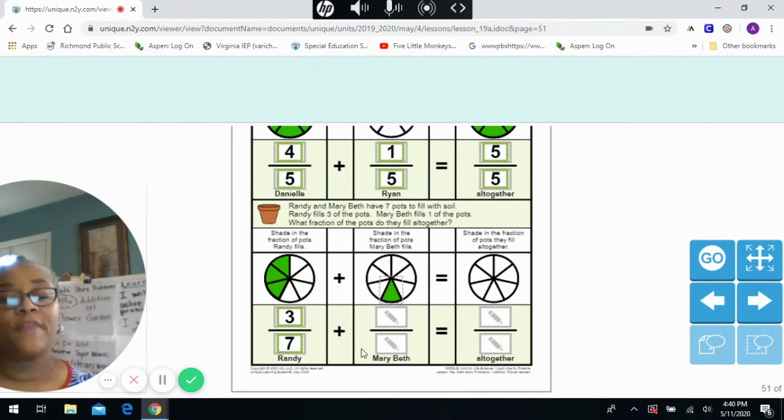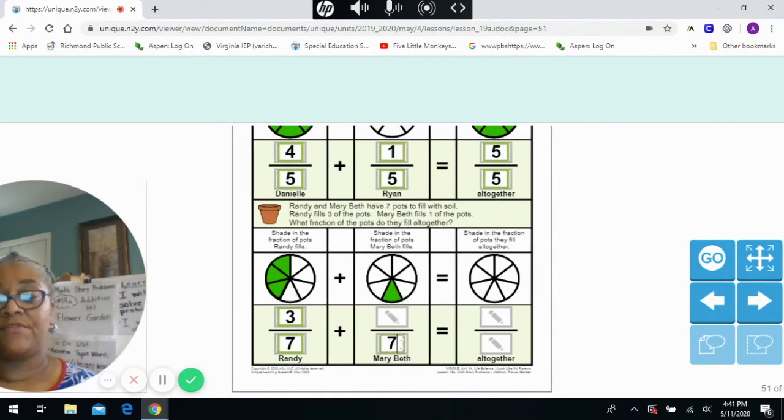All right, so where would the number 7 go? Would it go in the denominator or the numerator? What did we say the denominator is? It represents the whole, all of them. And did we count all of this wheel? Yes, we did. So what's the number that goes here, the 7 or the 1? The 7. Very good.